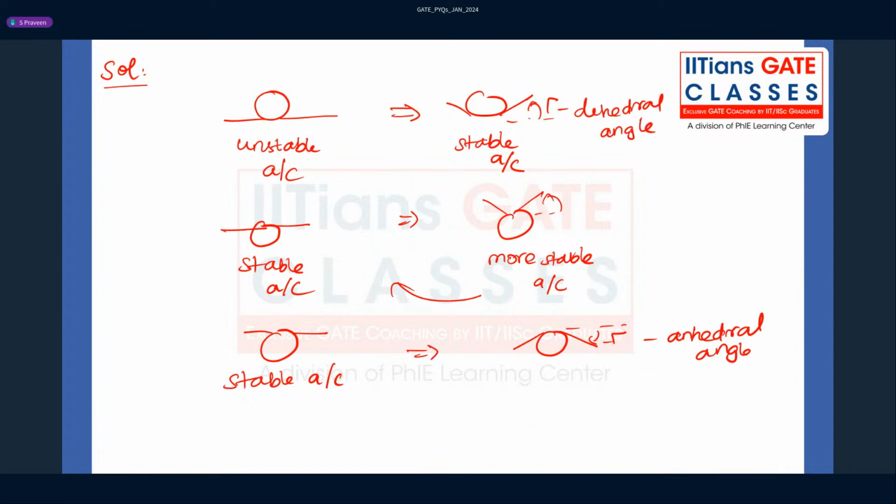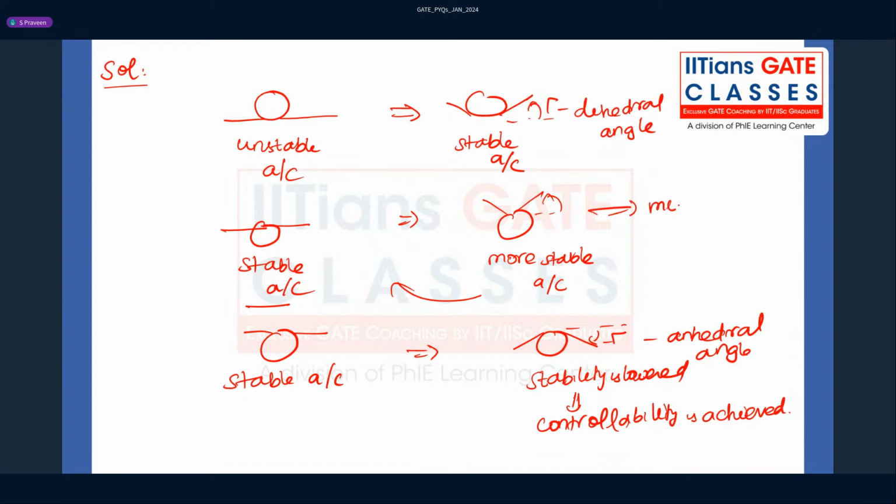Then your stability is lowered, which means you are now able to control the aircraft. There is basically a trade-off: controllability is achieved. So a high-wing aircraft with a dihedral angle will be the most stable one. This case is the most stable among all of them.